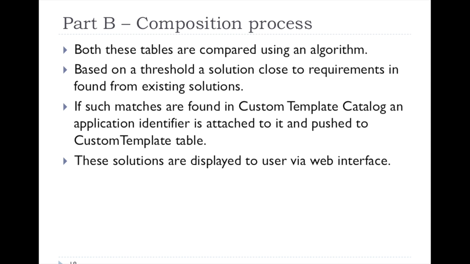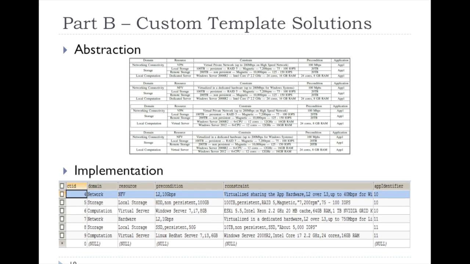So based on a threshold, the solution close to requirements is found from the existing solutions. Now if there is no match, we will create a custom template from these solutions. Now, the abstraction when we give the template solutions would look something like this. We add a unique application identifier to uniquely identify the application and give the solutions to the users.